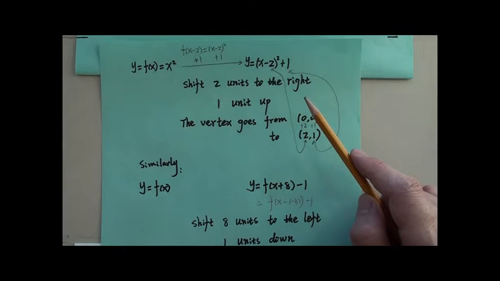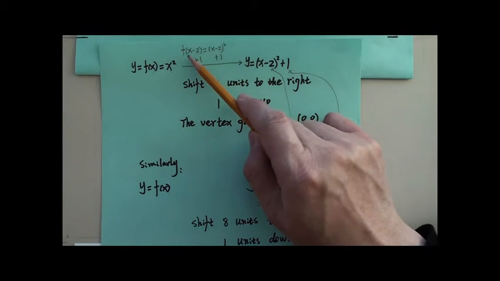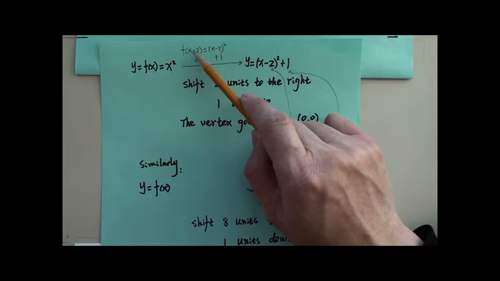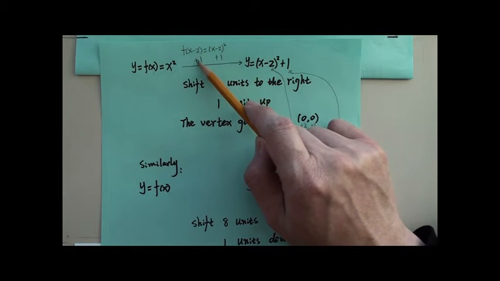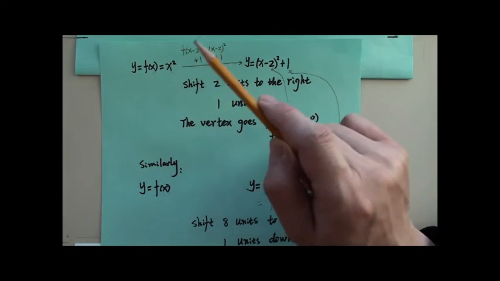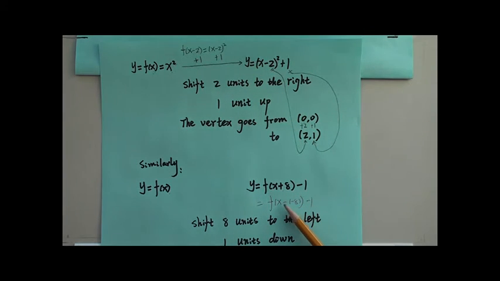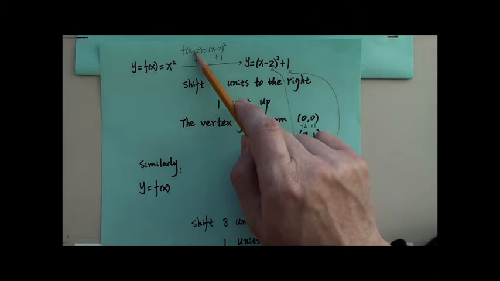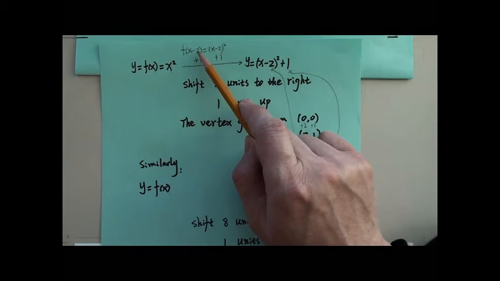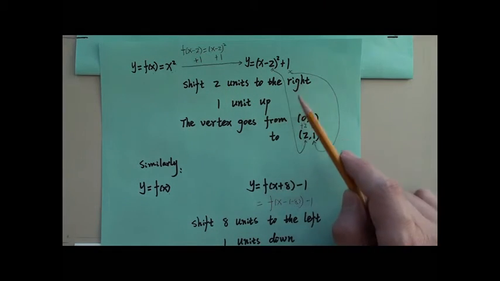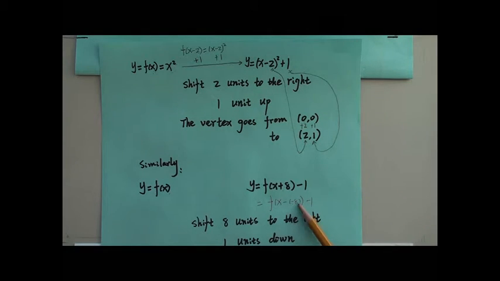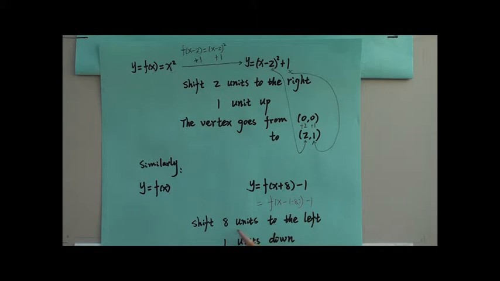Now look at this. This is f of x minus 2 plus 1: 2 units to the right, plus 1, 1 unit up. This one is x minus negative 8. Based on the principle, if here is minus 2, it is 2 units to the right, and here it is minus negative 8, so it should be 8 units to the left.